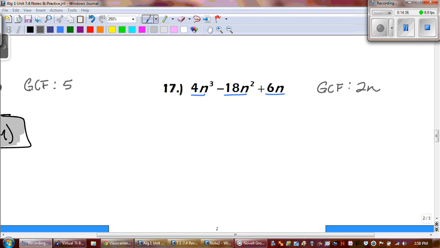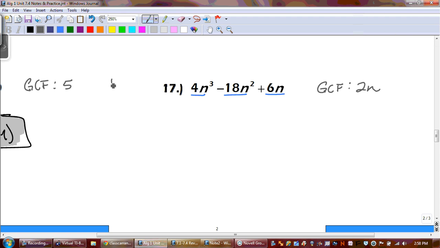Okay, for this one, you should have gotten your GCF is 2n. And remember, guys, if you need to go off to the side and do all the factoring right here, please do it so you get it right. 1 and 6, 2 and 3.